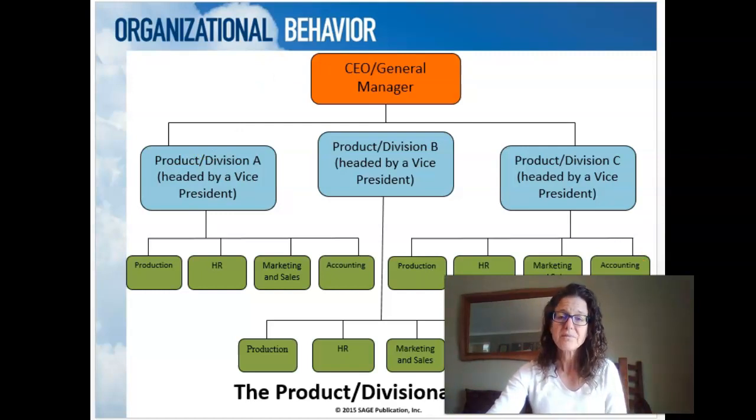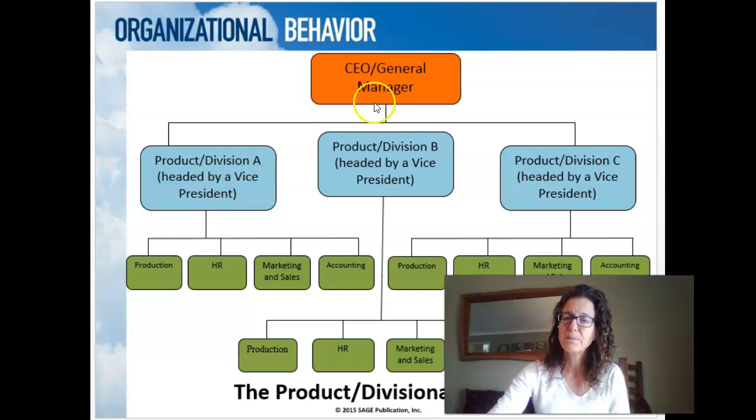This organizational structure enables the organization to have a more decentralized leadership so that the organization can focus on customer satisfaction and flexibility within its region or within its product line. And so we will have the headquarters manager in charge of the entire organization, but then we will have vice presidents for each product line or for each region in the world.